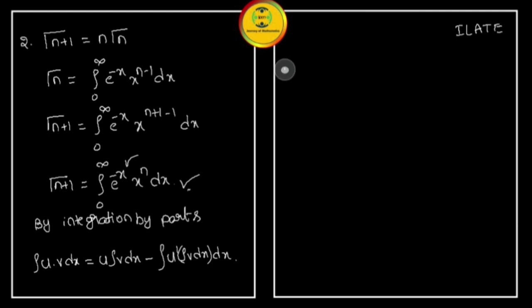So first I have to rewrite gamma of n plus 1 as integral 0 to infinity. Exponential should always be in the last place. That means I can rewrite it as x power n e power minus x dx.